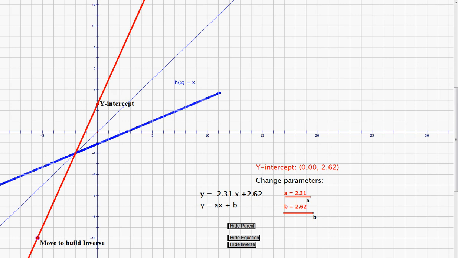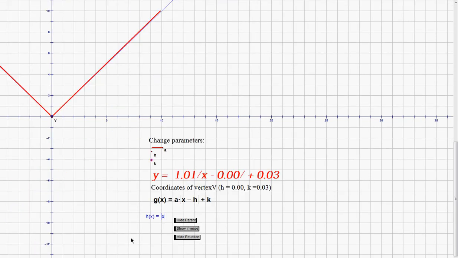Let's move to the absolute value function. Absolute value function with a parent y equals absolute value of x. Its transformed form looks like this: g of x equals a times absolute value of x minus h, plus k. Let's see what will happen if I start playing with the parameter a that is right here.